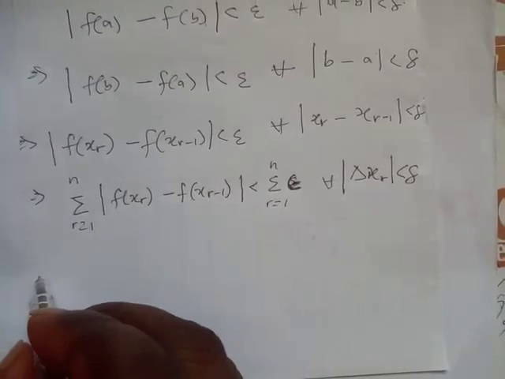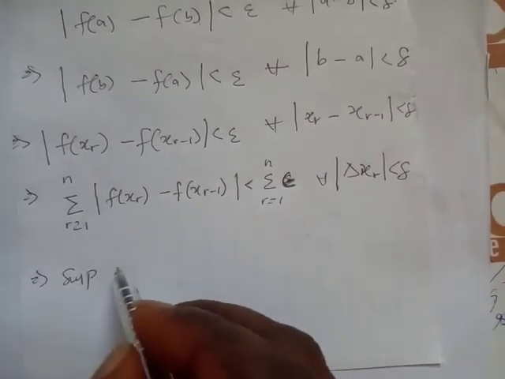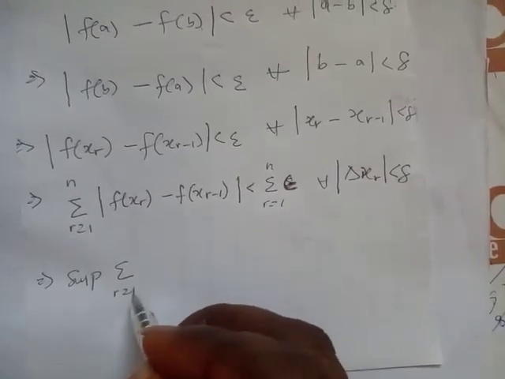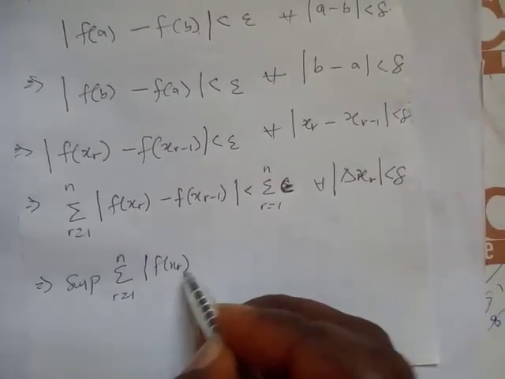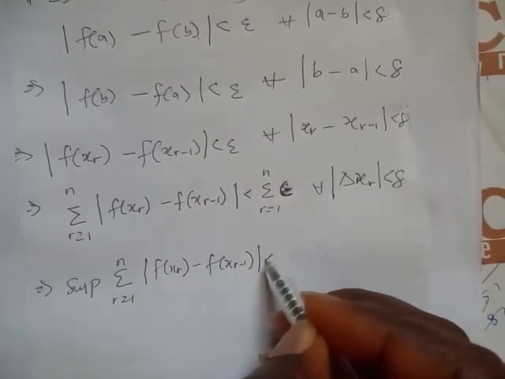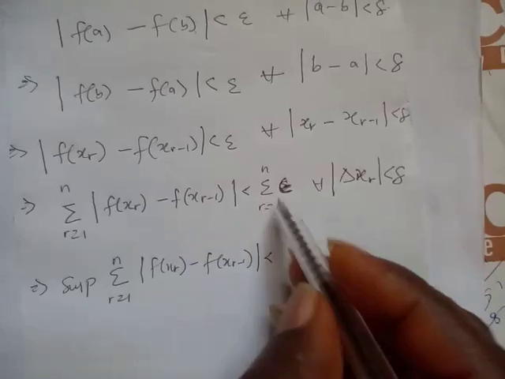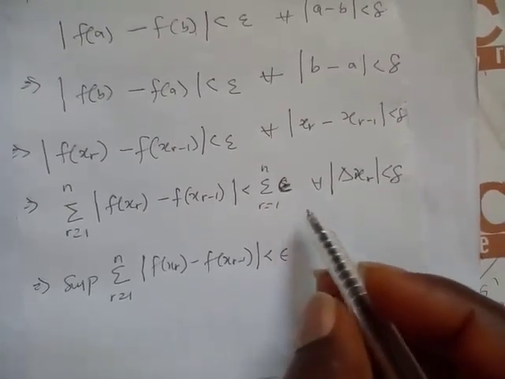So let's put the supremum on both sides. The supremum of this, f of s_r minus f of s_(r-1), is less than, and don't forget that epsilon there is a constant, so we have the summation of 1.